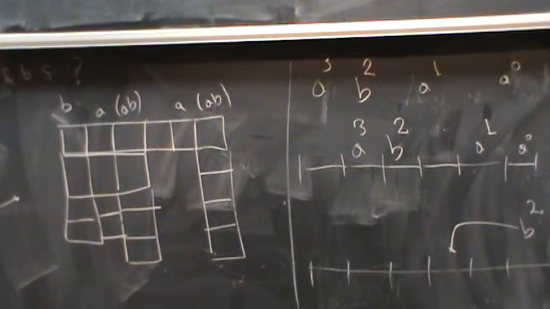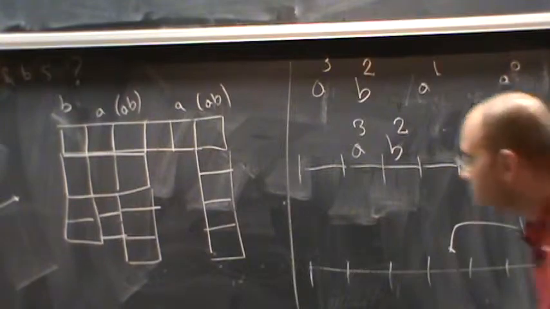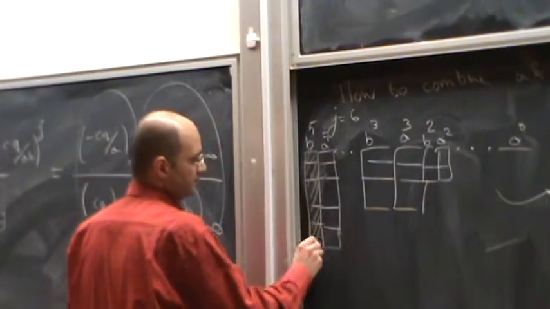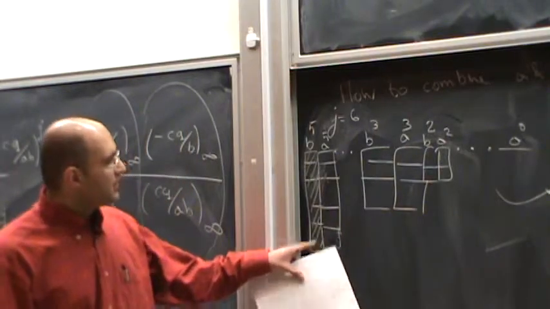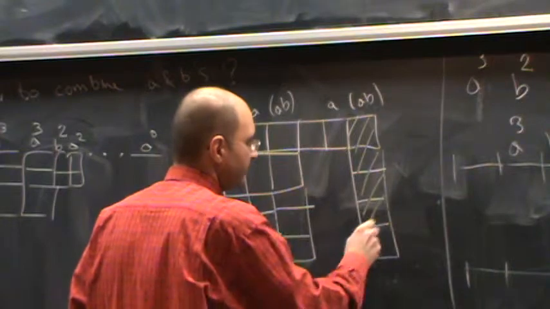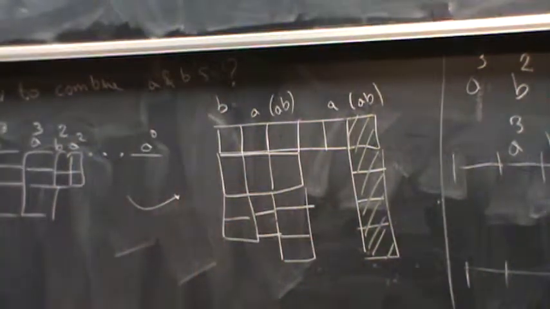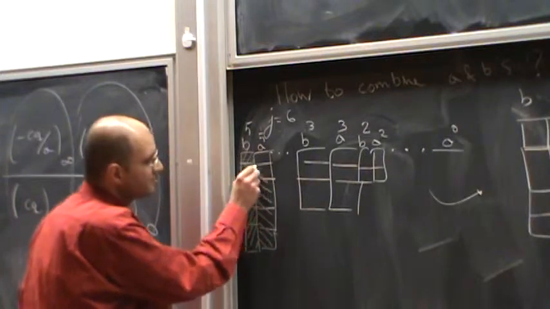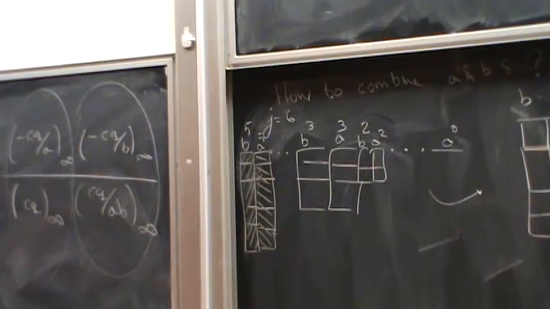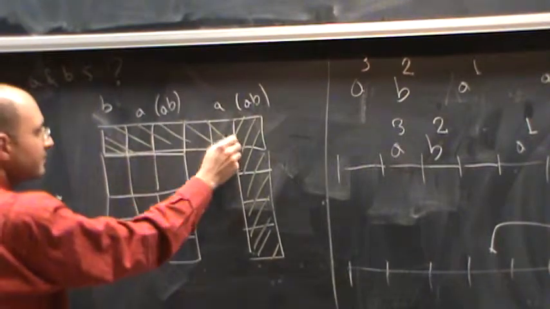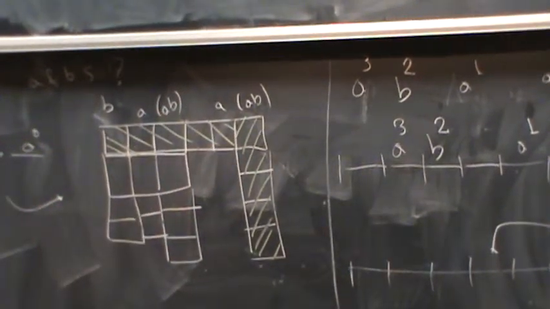Now let's try to see which box went where. This B here, 5 boxes is here. Its companion, 8 to 5, is fit there.